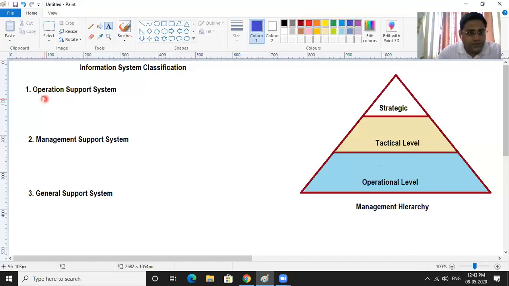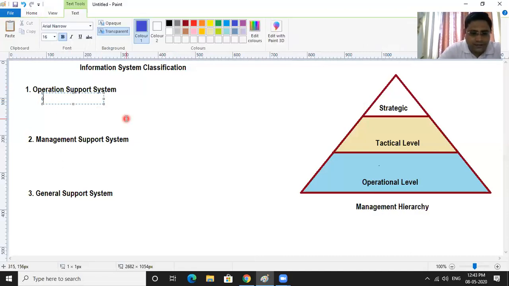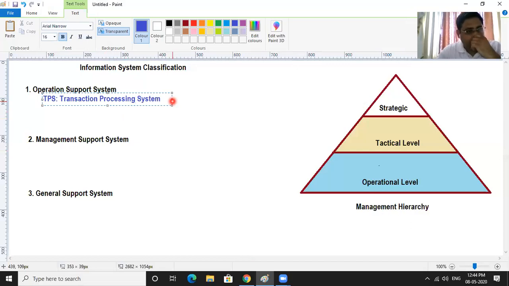In operation support system, the number one example is TPS, the transaction processing system.